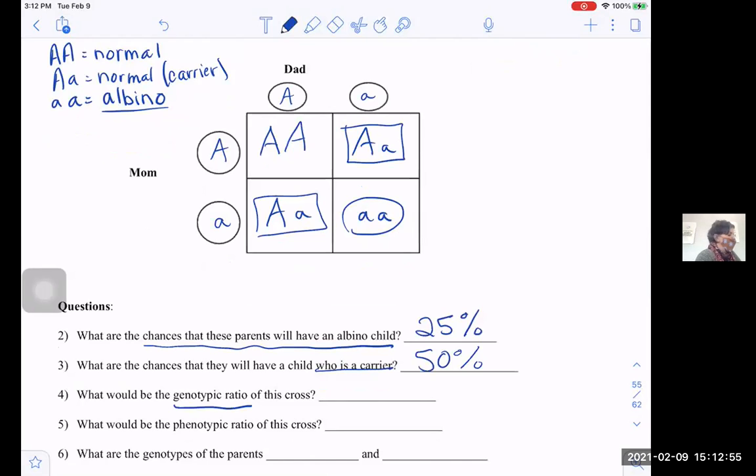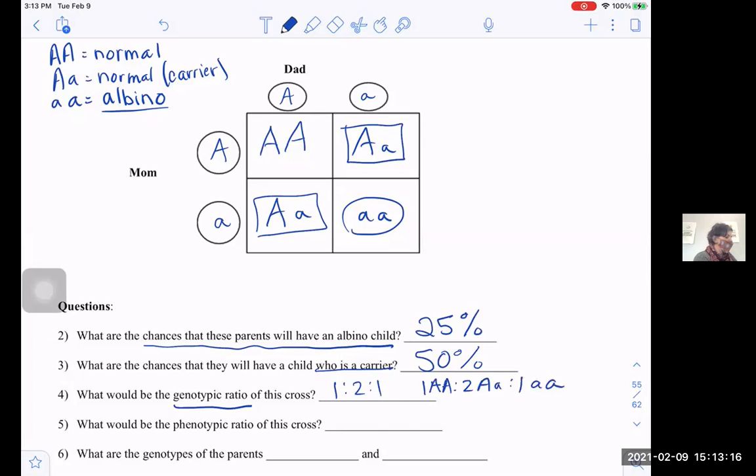This one doesn't have any zeros in it, so we have all 3 genotypes. Nice, good job, Faith and Ethan. 1 to 2 to 1. So we have one big A, 2 heterozygous, and 1 little a.